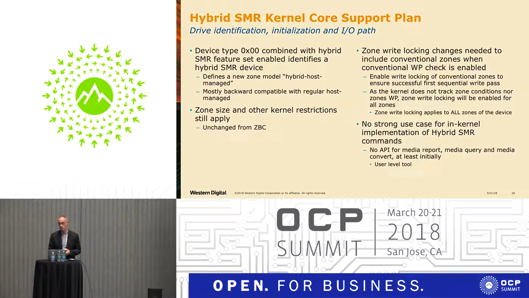So you need zone write locking. That is suboptimal because you cannot write at high queue depths until you fulfill that first full write pass of the zone. Now the trick is how do we disable the zone write locking once we know that we have fully written the zone. This is the tricky part and not clear yet. I don't think I'll have a clear answer until we fix the standard.